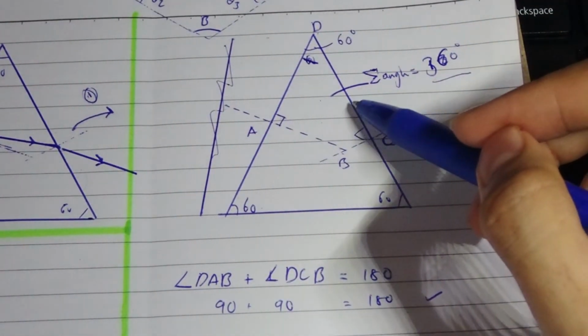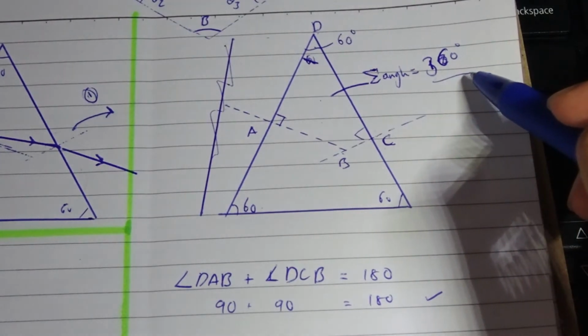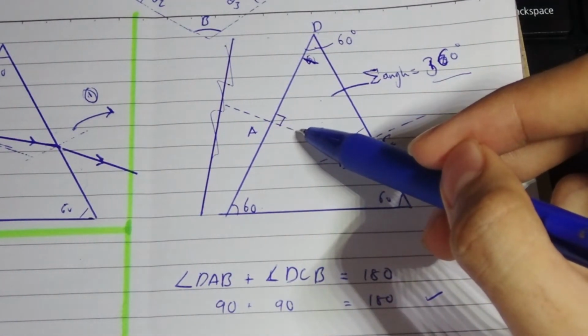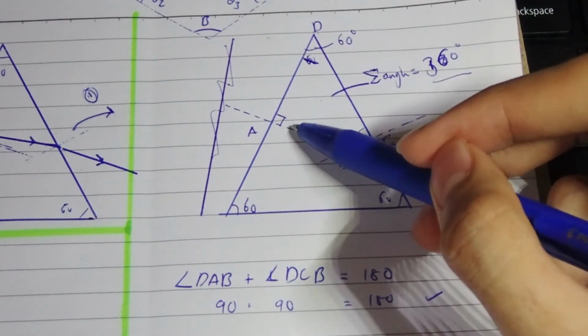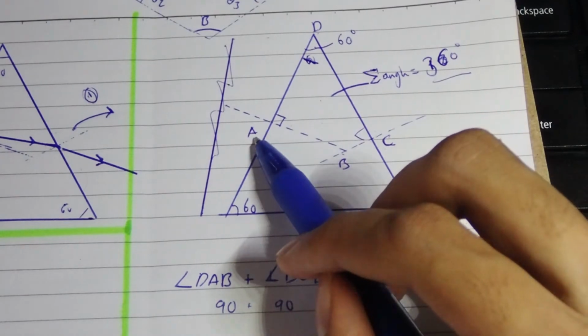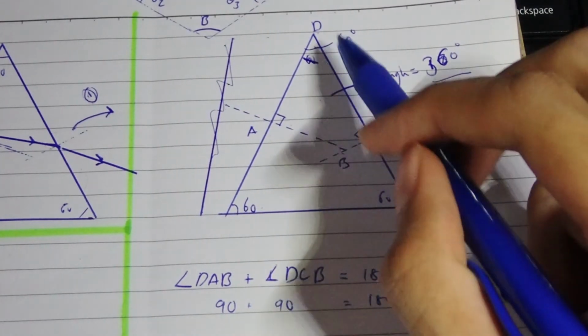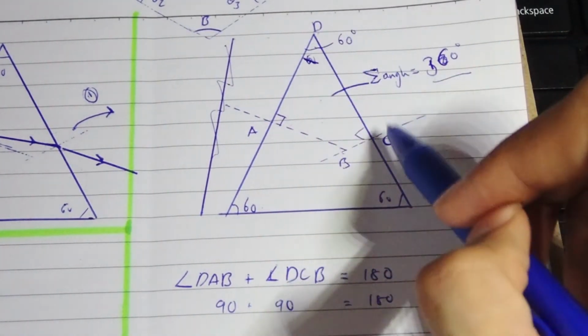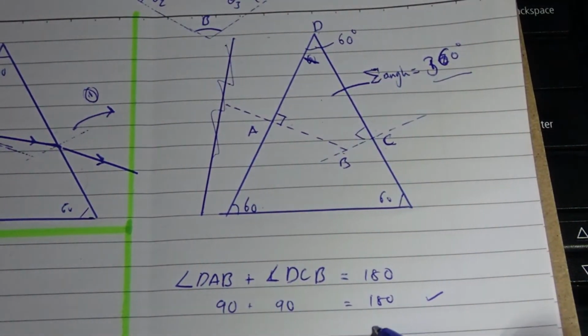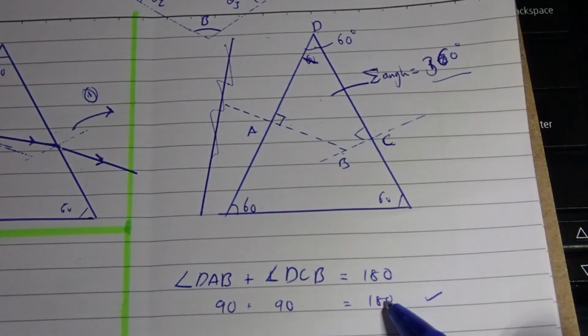The sum of angles of this polygon is 360 degree. Now the angle that is normal to the surface is 90 degree. We have 2 of the normal angles, which are angle A and angle C, or rather known as DAB and DCB. Now these 2 angles are 90 degrees, so when we add together we will get 180 degree.